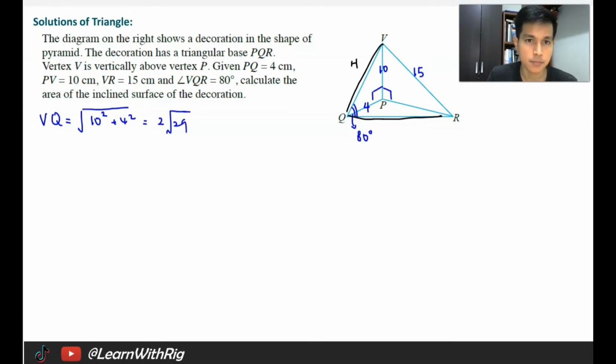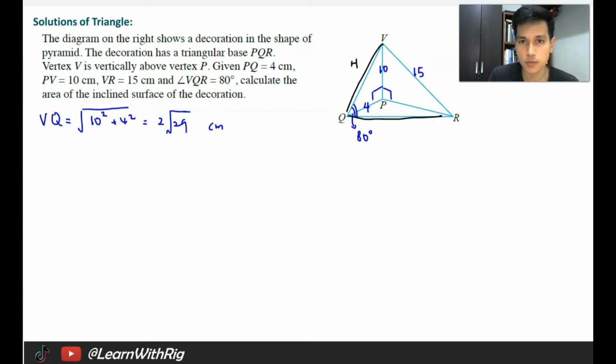Okay, I don't want to write in decimal first, because if I write in decimal, I need to round up, and the number will be a bit different from the actual answer. So I try not to round up so early in the calculation. I can round up by the end of the calculation, that's fine. So this is VQ, 2 root 29 cm.